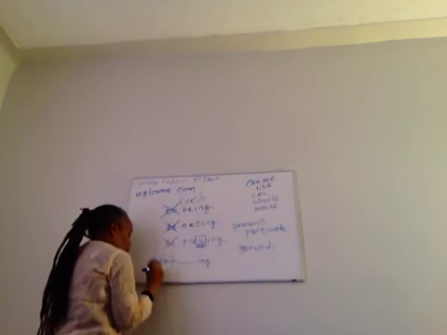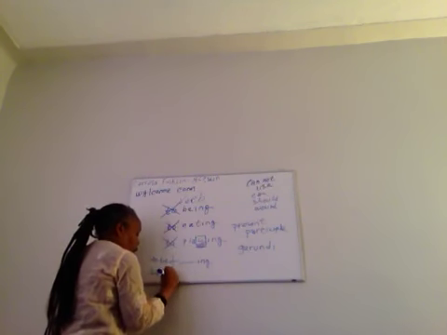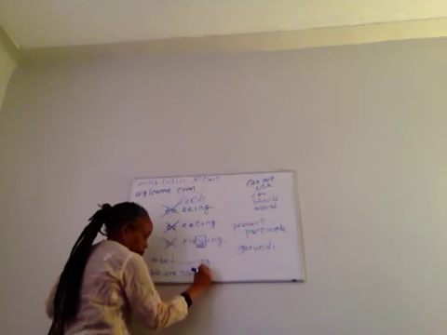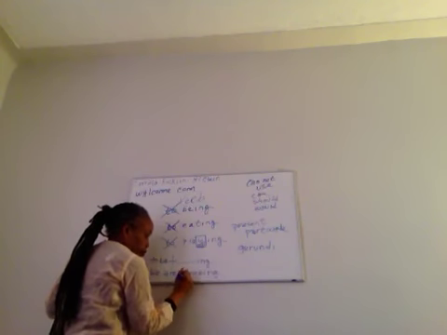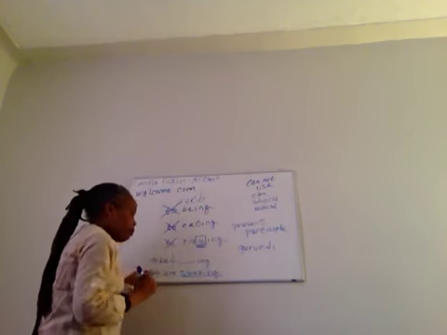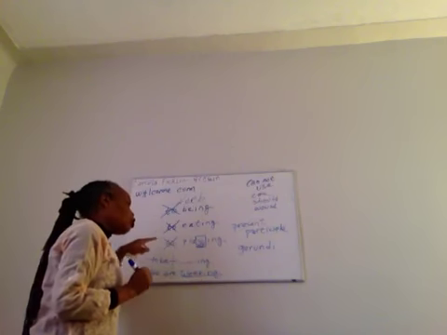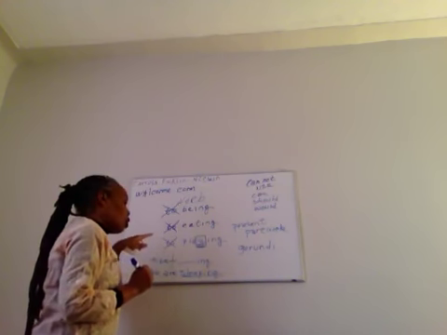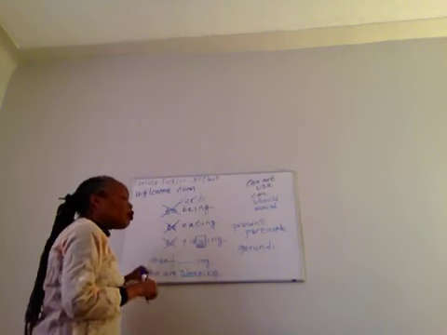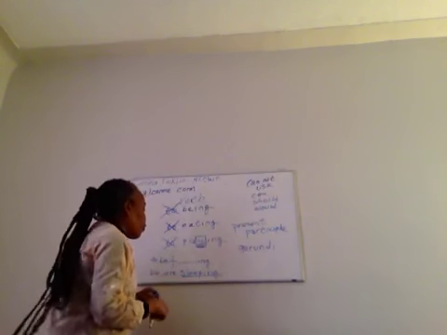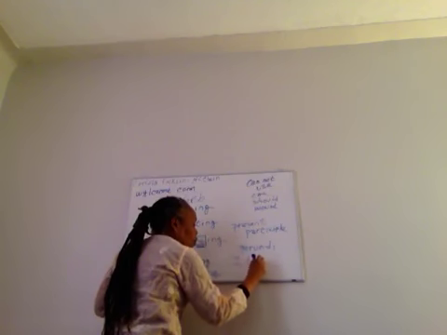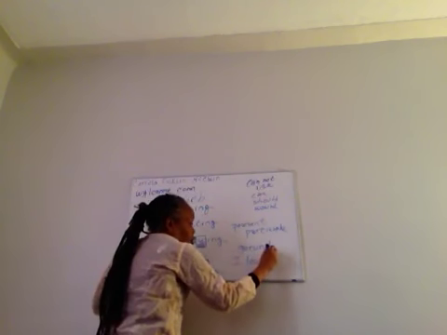For example, we are sleeping. There it is. We are sleeping. Depending on the verb that comes before, you can also use it when you have two verbs in a sentence. For example, I love. Now you can say, I love to eat.